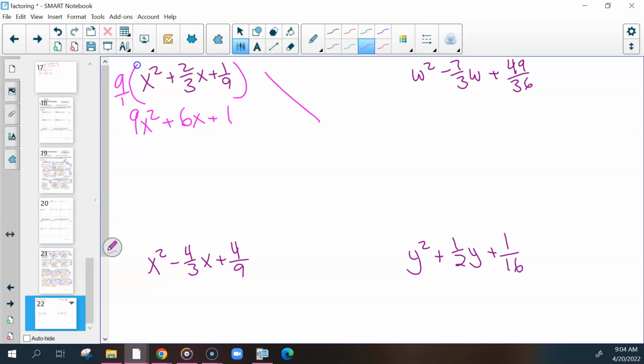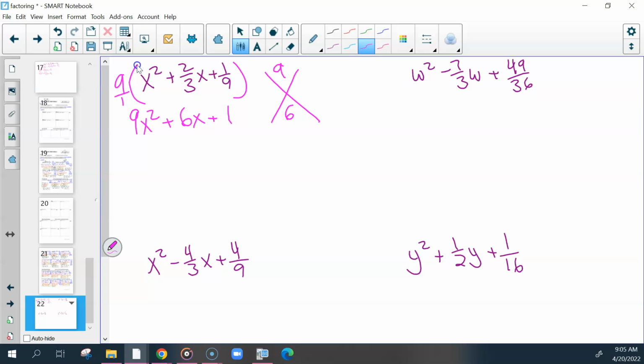Now we're looking for 2 numbers that multiply to be 9 but add to be 6. Wait, what is that? You did the last one, and 9? Yeah, because if I multiplied everything by 3, this would still be a fraction. Wait, so you take the second one and multiply it?